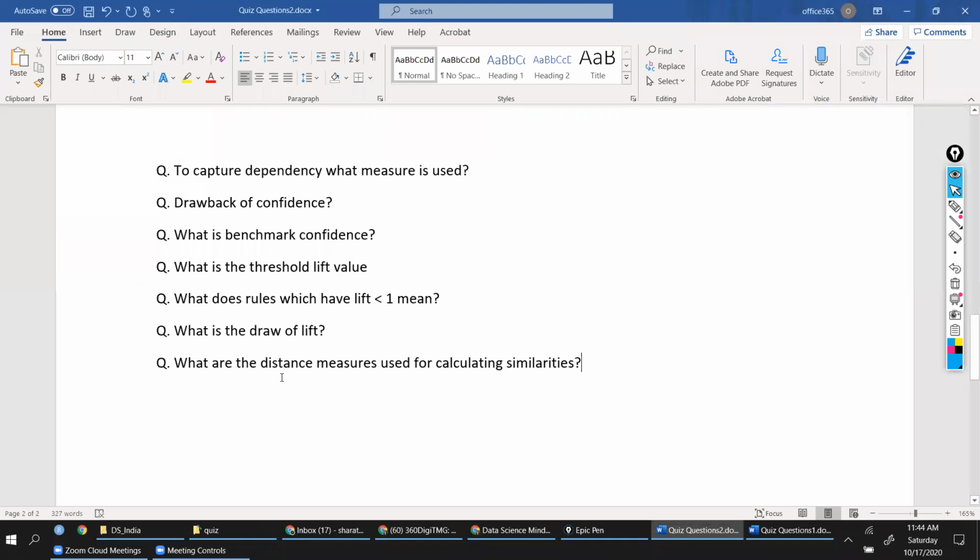What are the various distance techniques that we apply for measuring similarities between the entities in collaborative filtering? Cosine based, Euclidean, Manhattan, any distance technique can be applied. Very good. We can apply any distance technique.